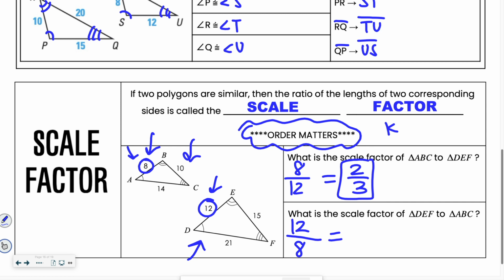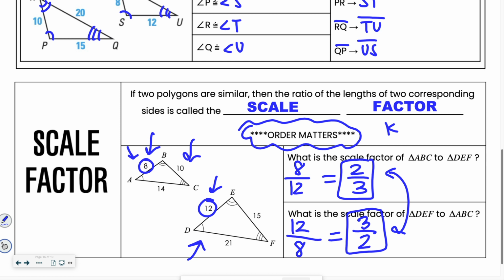Now hit second, ABC, equals, and it should give 3/2. It should make sense. These are just flip-flops of each other. It was 2 over 3 for the first one when you went small to big, and it should be the opposite, 3 over 2, when you went big to small.